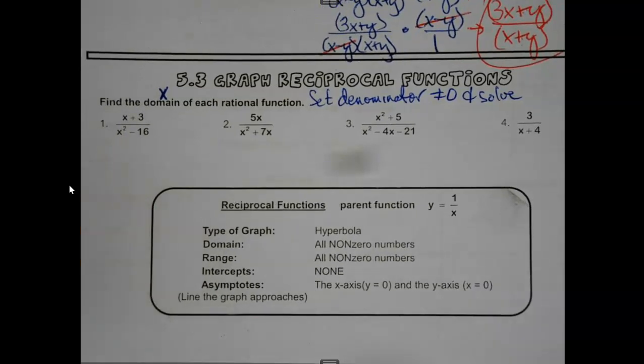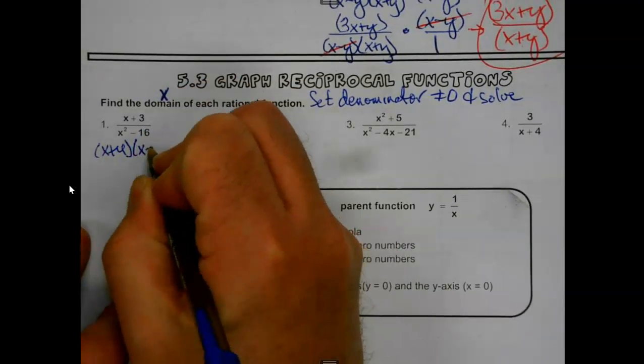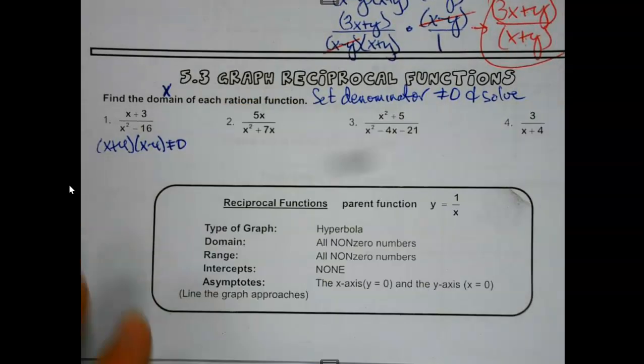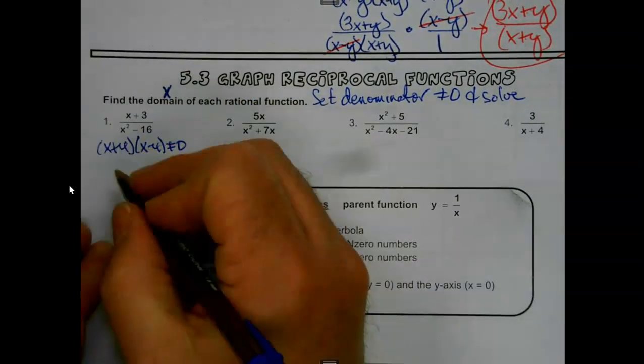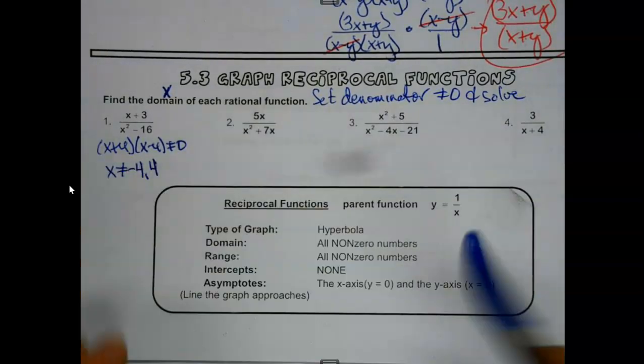So you could do a difference of squares here. If you see that right away, that may be a quick way to go. So you're like, okay, so x can't be -4 or 4.